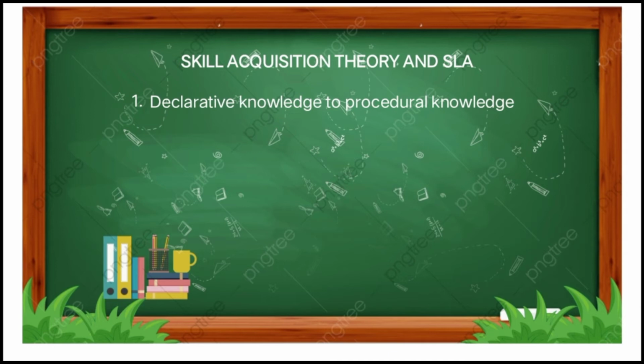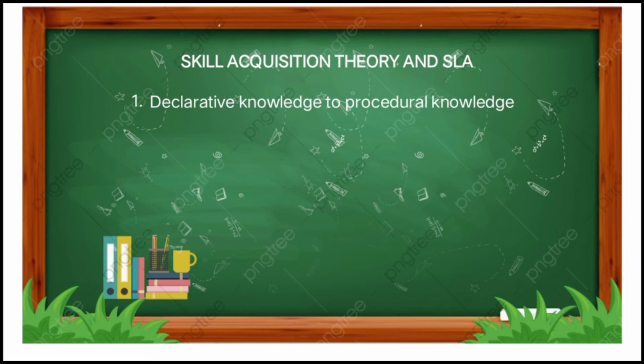So declarative knowledge, in the second language acquisition context, refers to the explicit mental rules, whereas procedural knowledge refers to the knowledge about how to perform cognitive operations such as producing language with little or no effort by accessing items stored in your long-term memory.